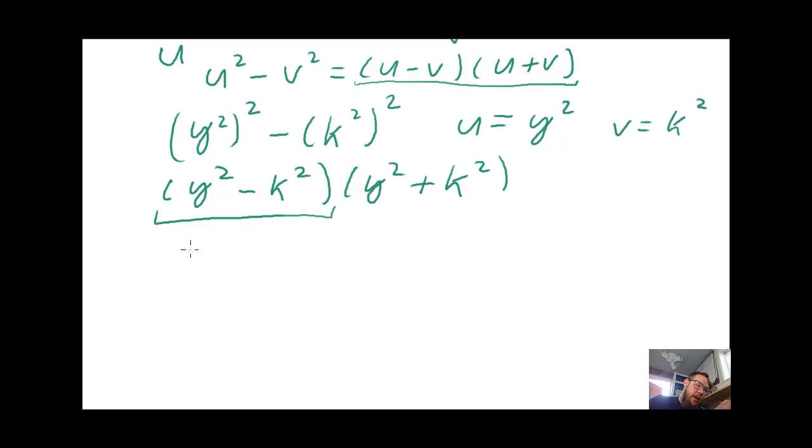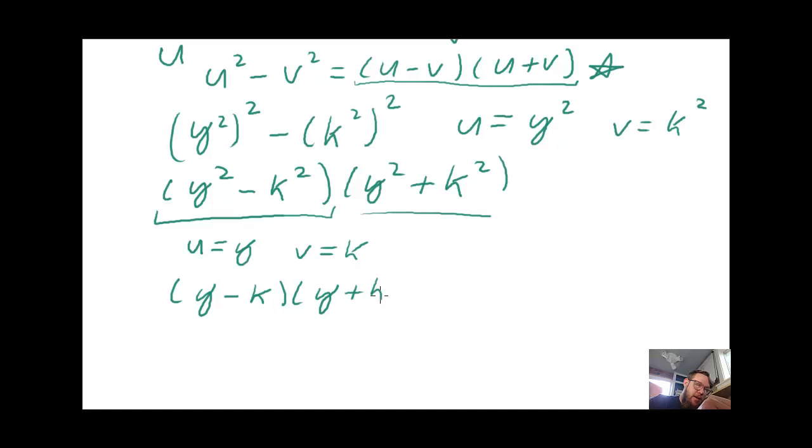So in this case, we're going to have u is y and v is just k, right? So I'm going to leave the right-hand side alone, and we're going to factor this left-hand side using our original formula. So what we will have is y minus k times y plus k times y squared plus k squared.